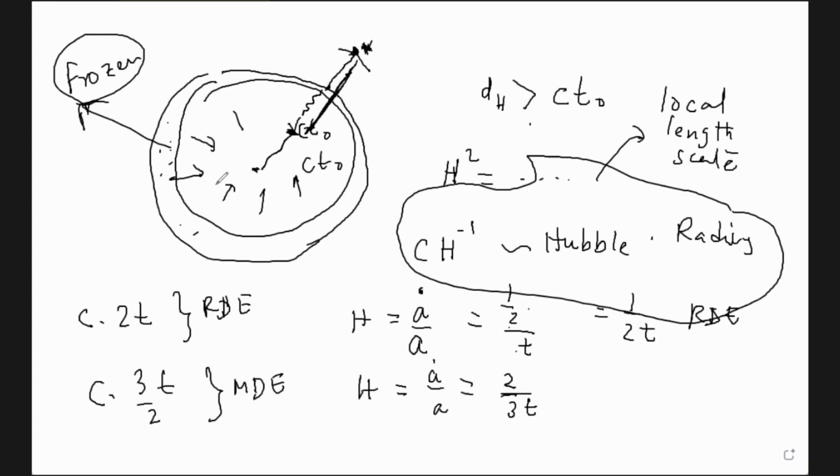Why is it like that? More or less we know that inside the horizon, because now the Hubble radius is almost the same as the horizon. Outside the horizon there is no causality, no causal universe. That means no physical law works there.